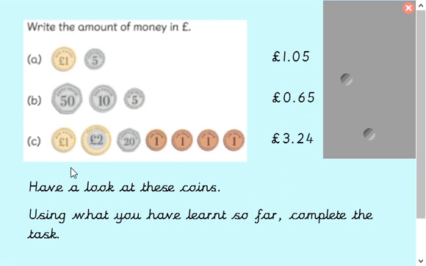And then finally, just to confuse us, they've mixed up the pounds here a little bit, but we've got £2, £3, 20, 1, 2, 3, 4. So we have £3 and 24 pence. You can see we've written that as £3 and then 24 pence are our decimal number there.